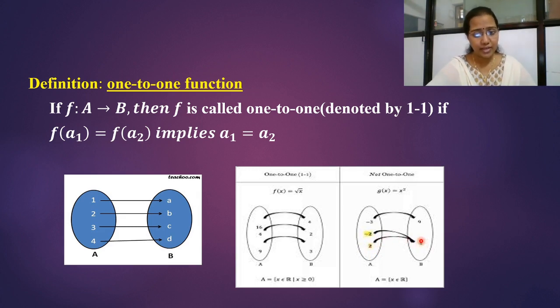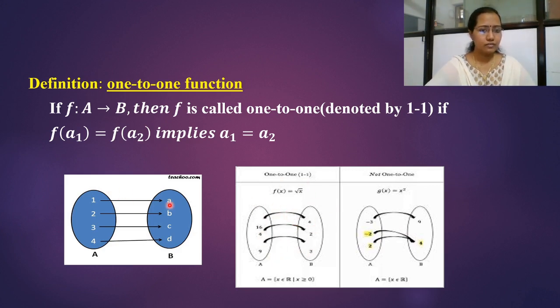Here g of minus 2 is the same as g of 2, but minus 2 and 2 are different elements. So the definition, if f of a1 is equal to f of a2 implies a1 is equal to a2, is not satisfied. So this function is not one-to-one, whereas the function f of x is root x, where the domain is the set of all positive reals including 0, is one-to-one.